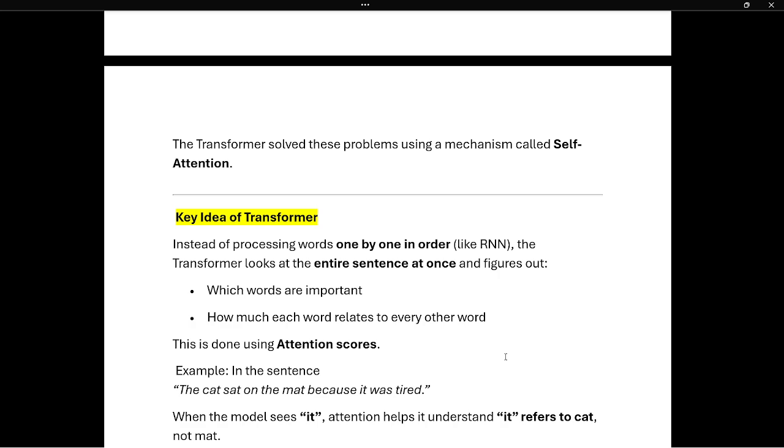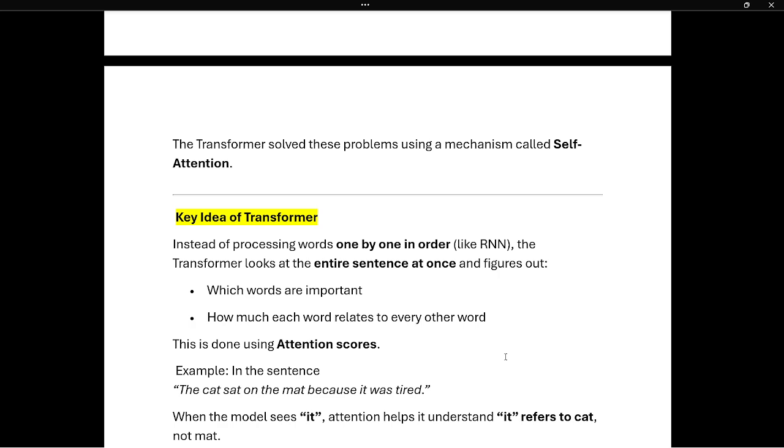Whenever we give a prompt like 'the cat sat on the mat because it was tired', attention helps the model understand that 'it' refers to the cat, not the mat. This works because it is reading the entire sentence at once, not line by line.